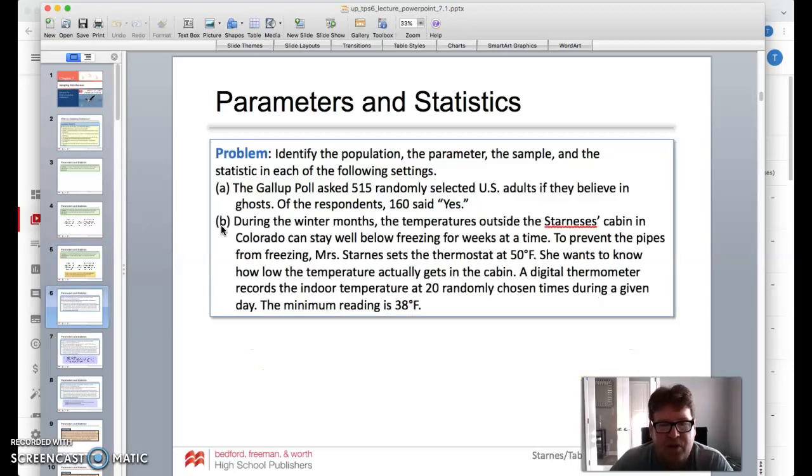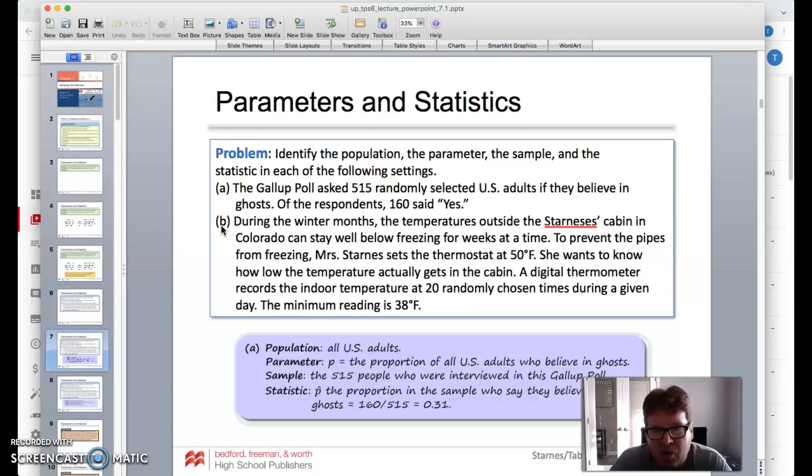All right, so let's look at a problem here. Identify the population, the parameter, the sample, and the statistic in each of the following settings. A Gallup poll asked 515 randomly selected U.S. adults if they believed in ghosts, and of the respondents, 160 said yes. The population, of course, is all U.S. adults. p, the parameter, is the proportion of all U.S. adults who believe in ghosts.